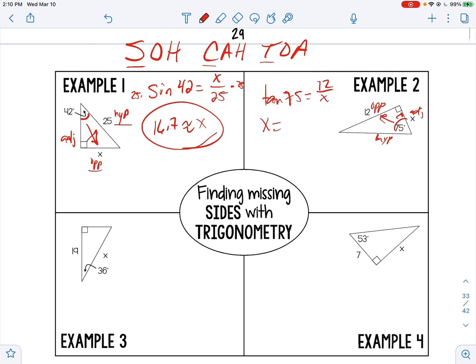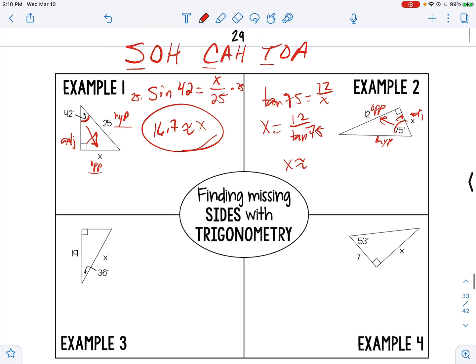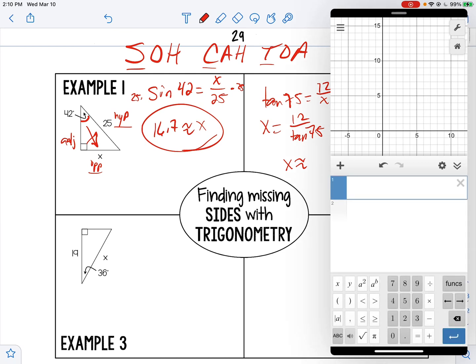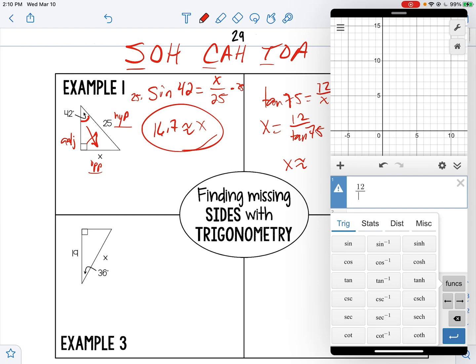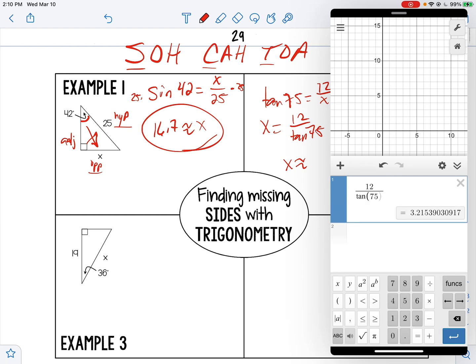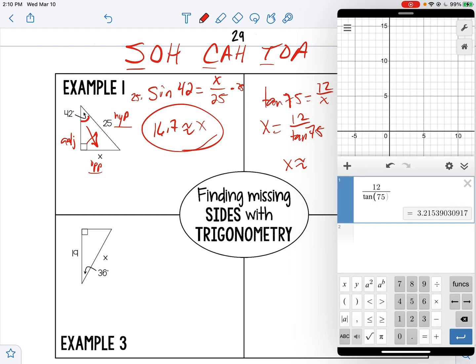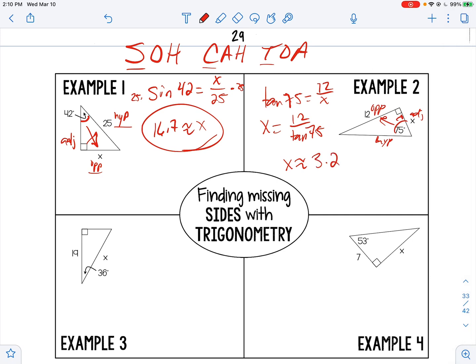I'm going to do my one-ratio switch. X equals 12 divided by the tangent of 75. So x is approximately, 12 divided by the tangent of 75. So we got 3.2, approximately 3.2.